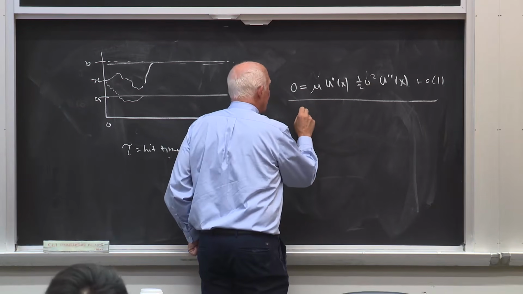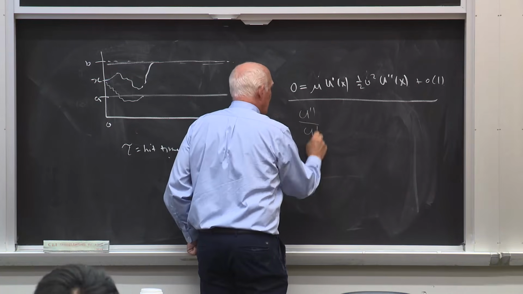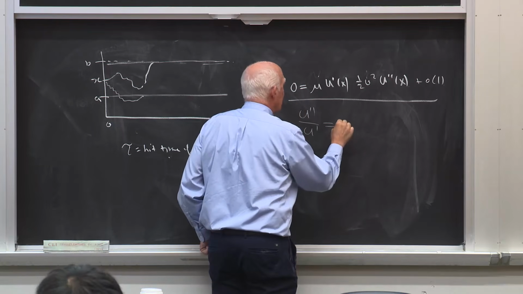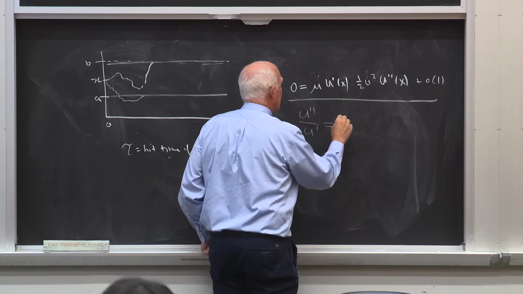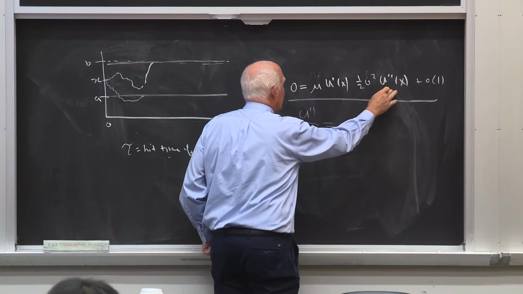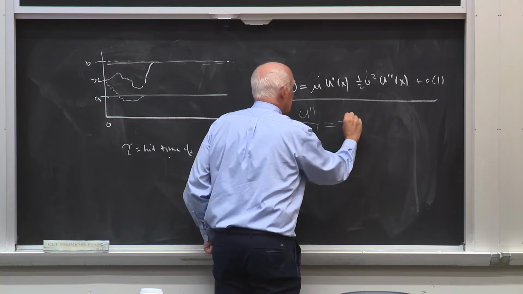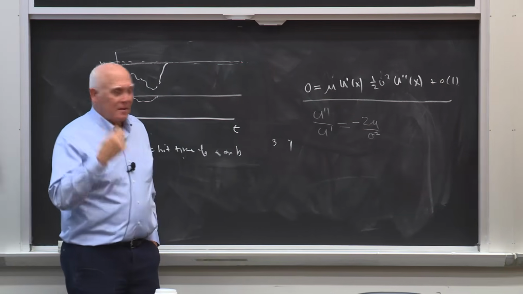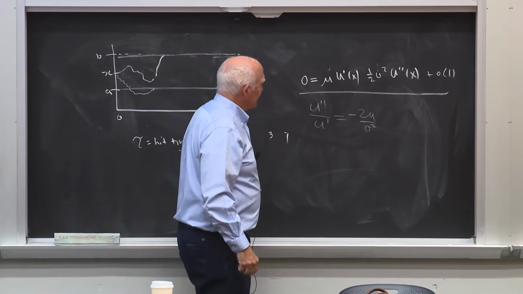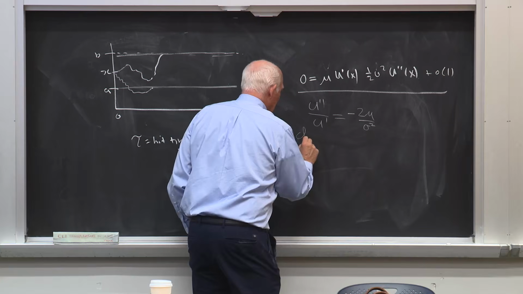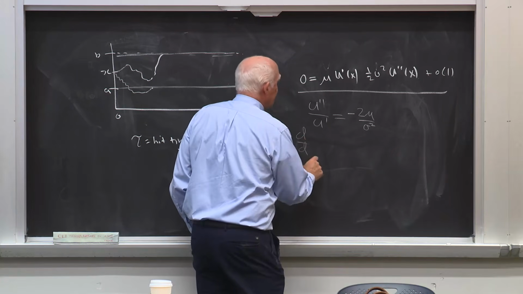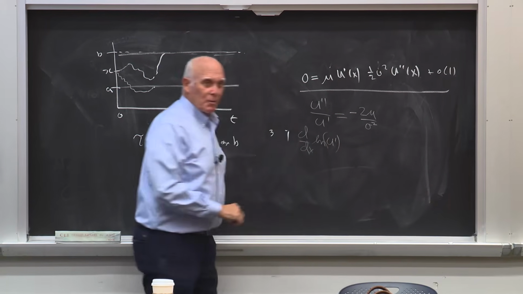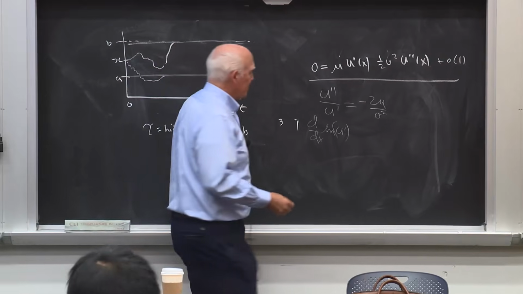consider, let's see, u double prime over u prime is equal to, let's see, have I done this right? U double prime divided by u prime is equal to minus 2 mu over sigma squared. And so this is the derivative of the log of u prime.